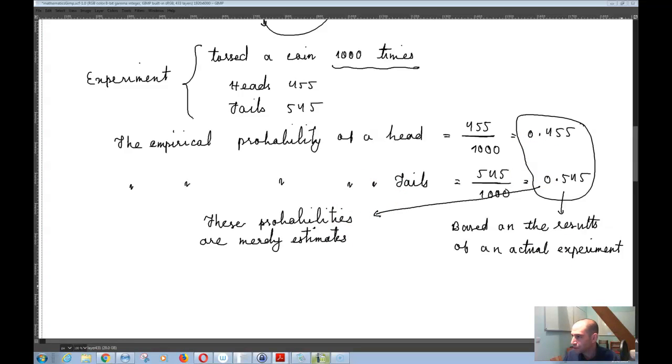And it says that not only you, but many other persons from different parts of the world have done this kind of experiment and recorded the number of heads that turned up.